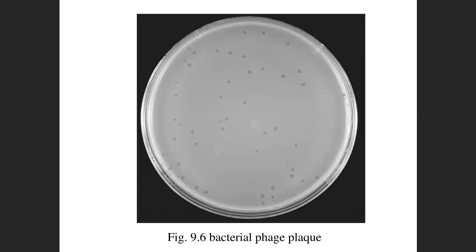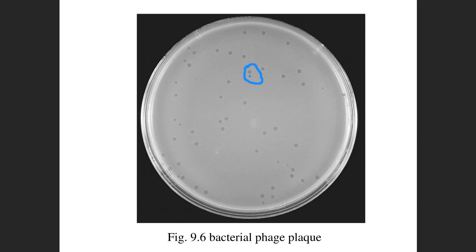The reason is, if one phage lands in here, let's say one phage lands in here, right? This is one plaque. And that means one original phage lands in there and kills one bacteria, and then it kills the next bacteria, and then the next bacteria, right?